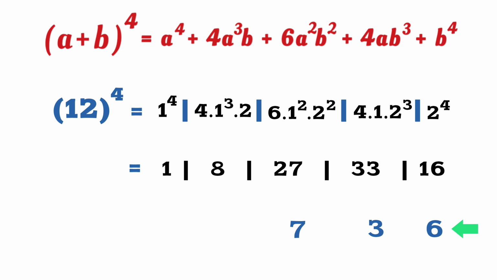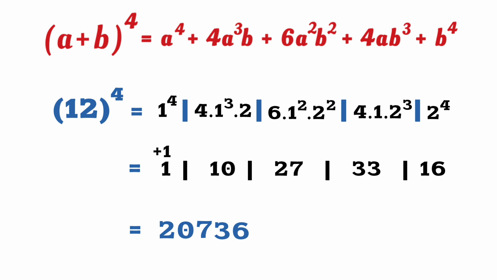Write 7 and carry forward 2 to the left. 8 plus 2, 10. Write 0 and take 1 to the left. Finally 1 plus 1, 2, and you get the required result, 20736. Did you notice how quickly you get the result?